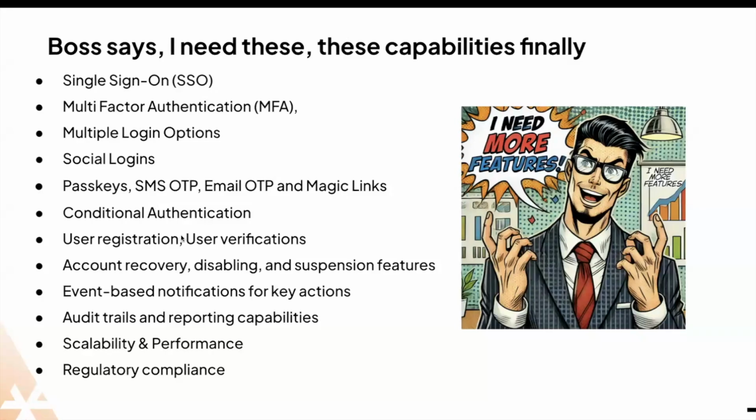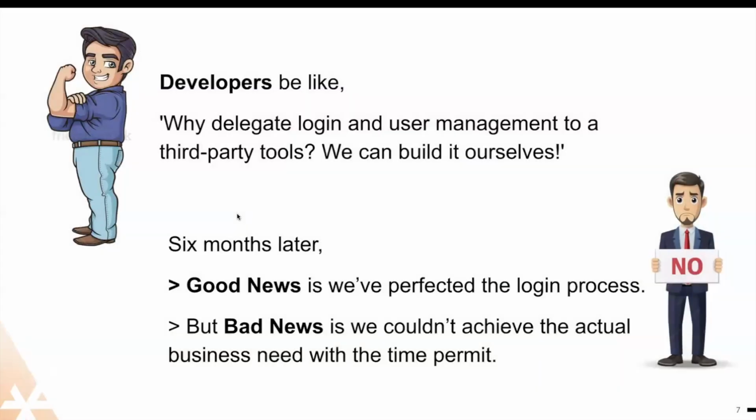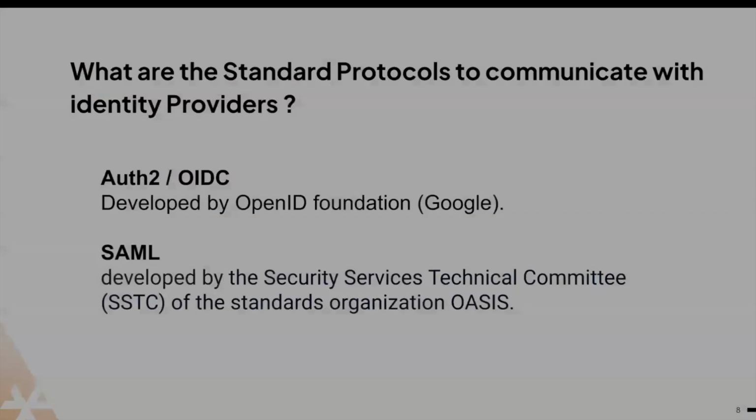I'm pretty sure you are very familiar with these things: multi-factor authentication, social login, passkeys, passwordless authentication. If you decide to implement everything, then you have to implement everything in the application, right? As I said, after a couple of months, you will not be delivering your business application, but spending a lot of time implementing that stuff.